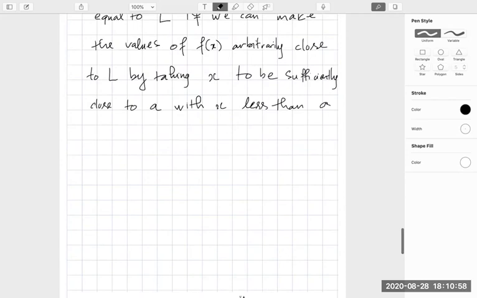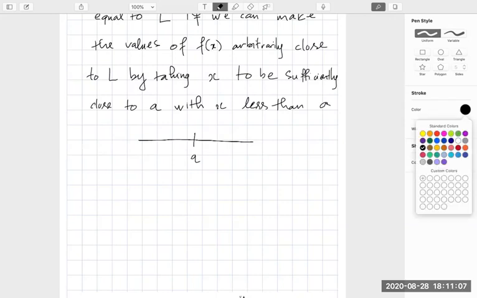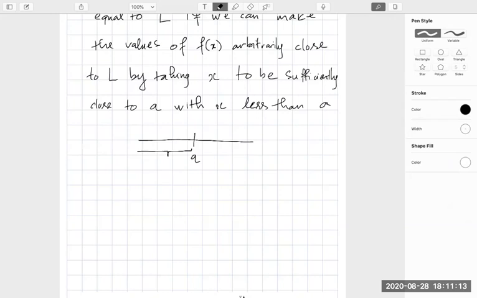Or you can see, suppose this is the real line, right? This is a. So from the left side, for anything smaller than a, we call it negative.